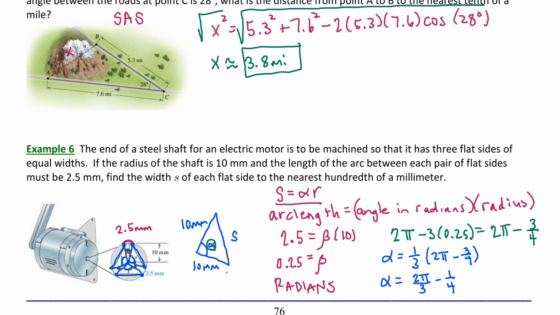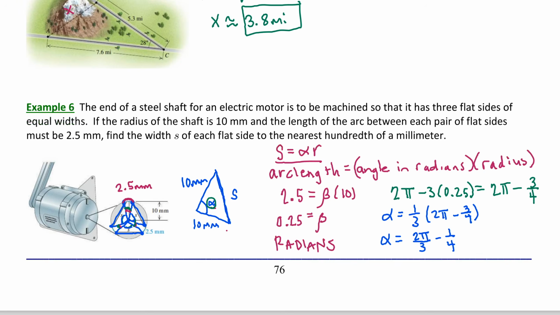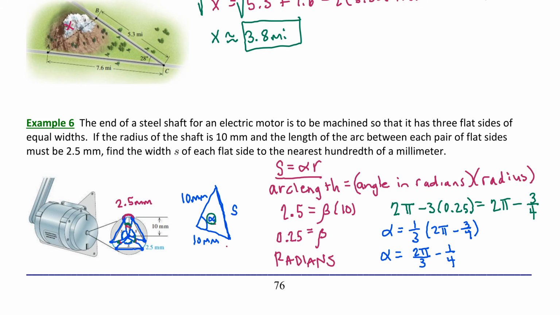So now that we know our central angle alpha in radians, we can either apply the law of cosines to find S, or we can use the shortcut formula for the length of the chord of a circle that we learned in the previous video.